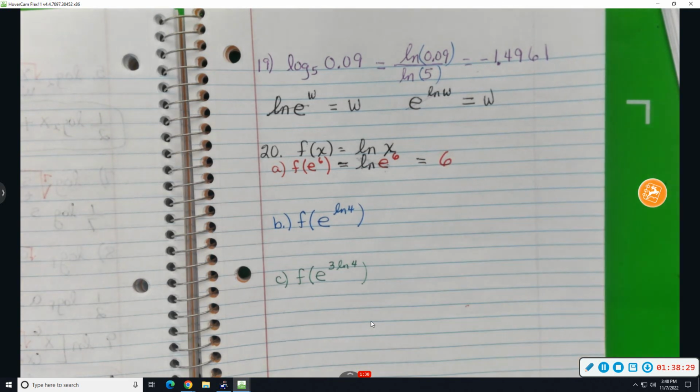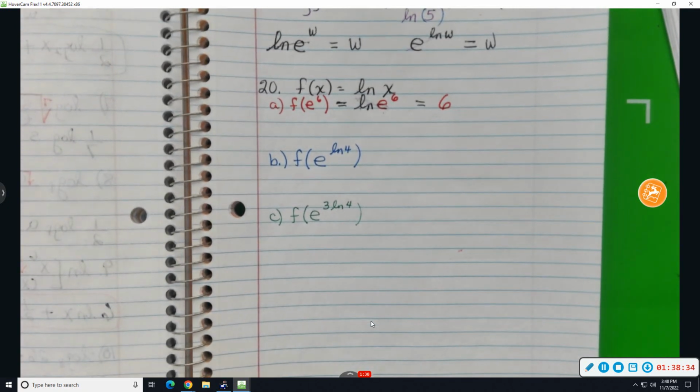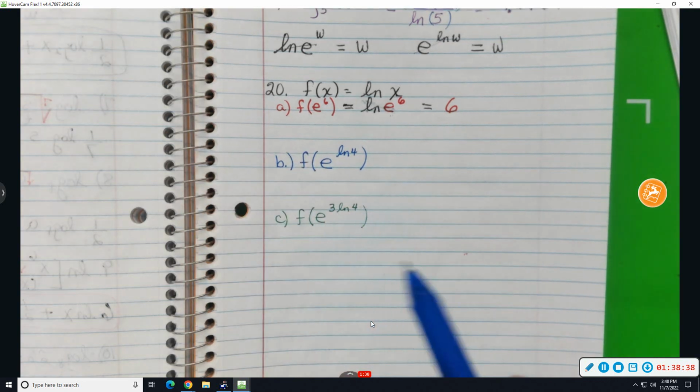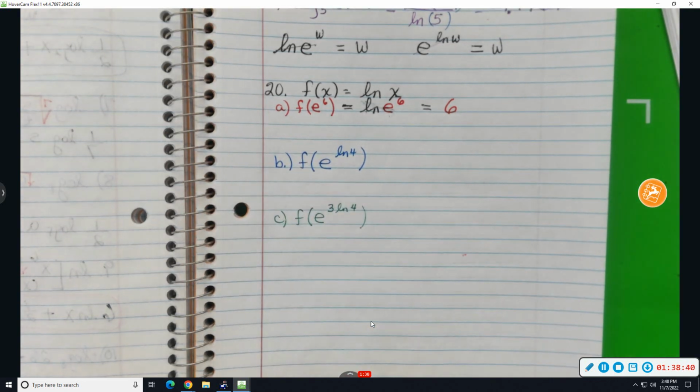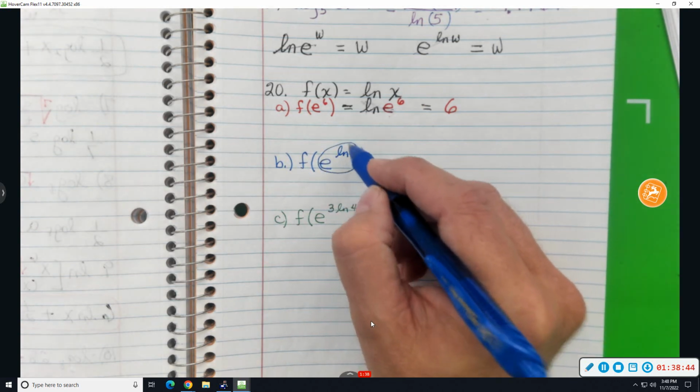Okay? I'm going to go ahead and do all three of them, and then I'll punch in the answers. It just gets a little bit more involved on part B. Instead of the black x, I'm going to put all of this stuff there.